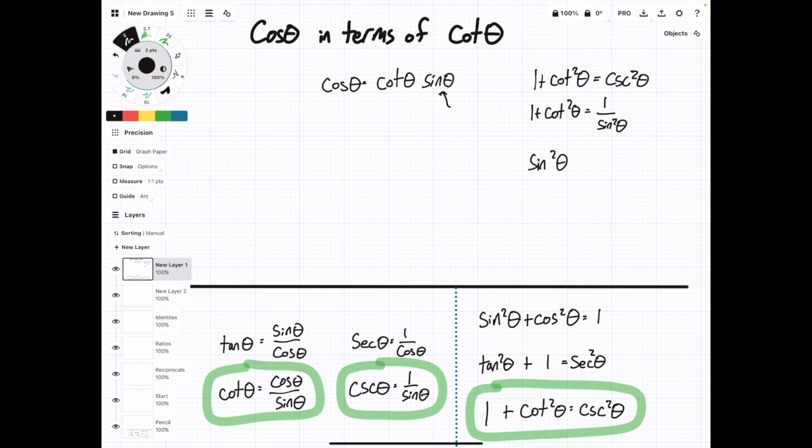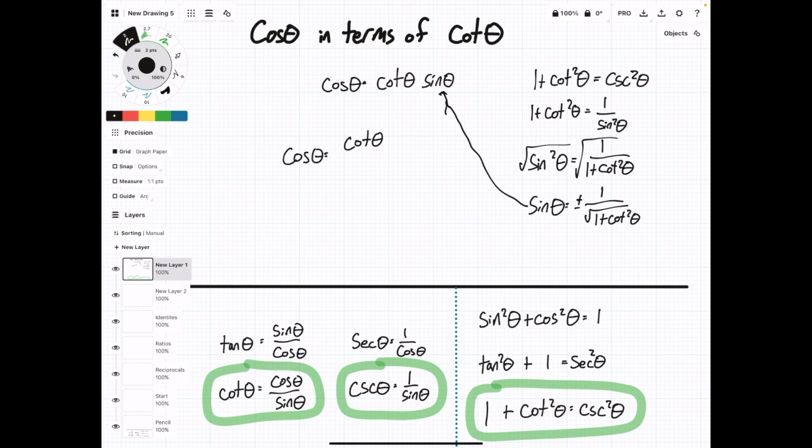So we'll bring the sine squared over, divide by 1 plus cotangent squared theta, take the square root of each side. Sine of theta equals plus or minus, I'm going to get rid of the square root on top, and we're just going to have the square root of 1 plus cotangent squared theta. Now we can plug it in over here, and we'll have cosine of theta is equal to cotangent theta over plus or minus the square root of 1 plus cotangent squared theta.